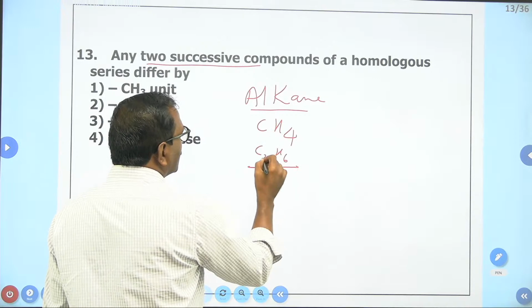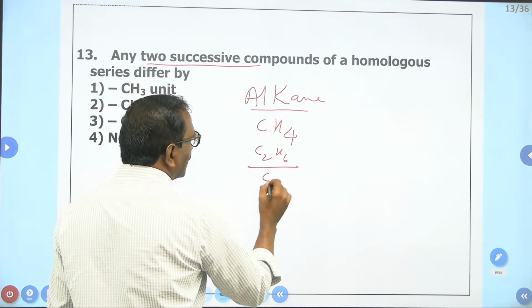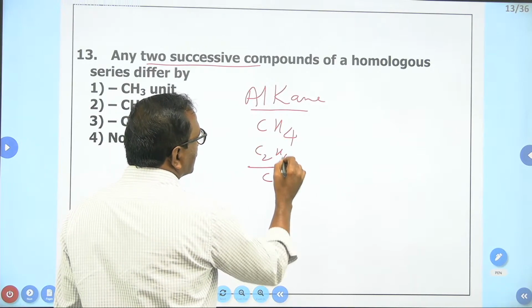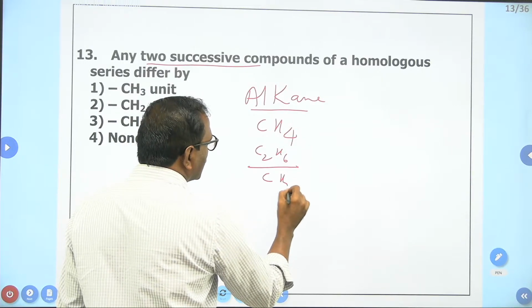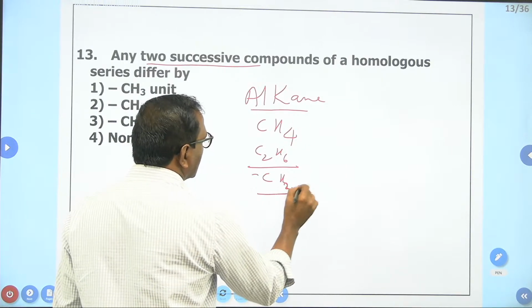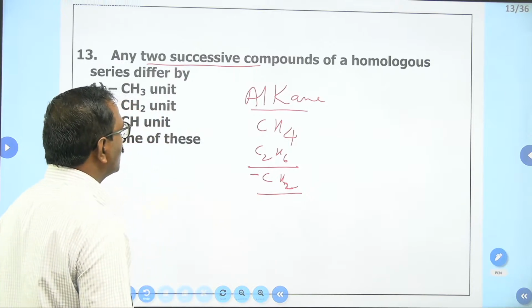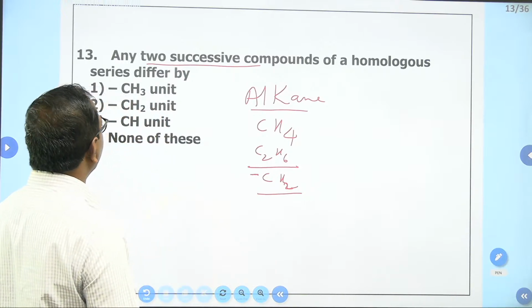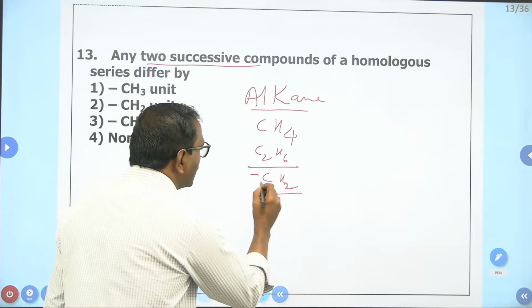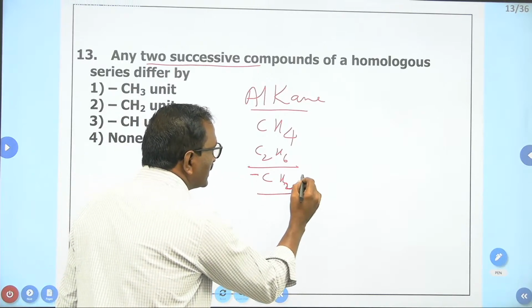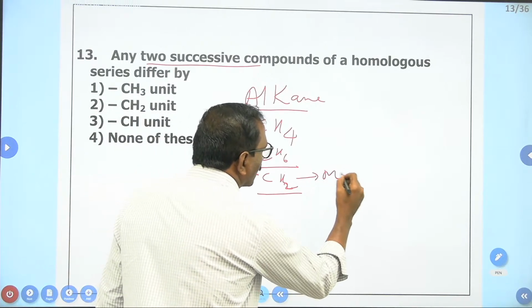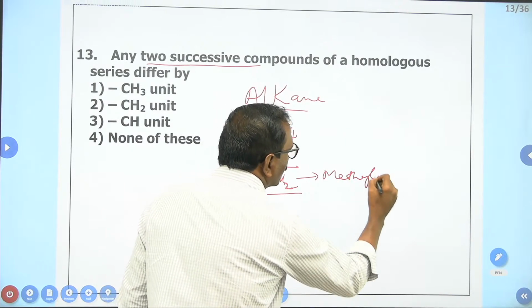The difference is C2 minus C1, one carbon, and H6 minus H4, the remaining is CH2. This is the difference. Any two successive compounds of a homologous series always differ by the CH2 group, which is called the methylene group.